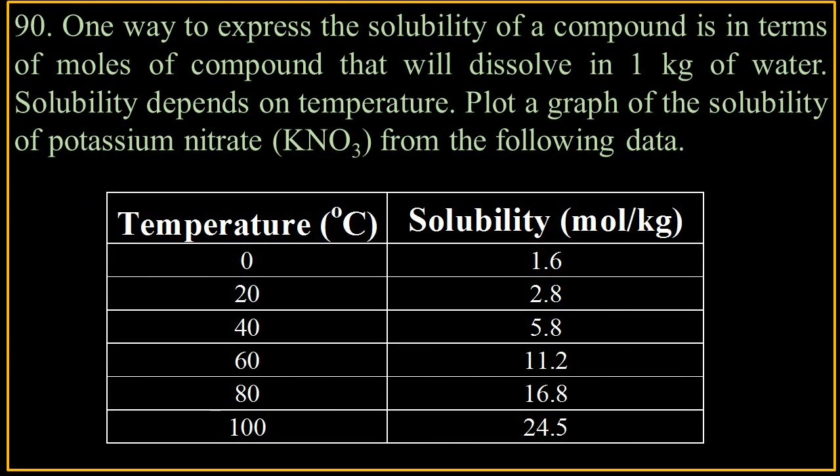So there's the graph. Let's reread the question really quickly. One way to express the solubility of a compound is in terms of moles of a compound that will dissolve in 1 kilogram of water. That's molality. Solubility depends on temperature. Plot a graph of the solubility of potassium nitrate, KNO3, from the following data. There's the data. Let's make the plots.